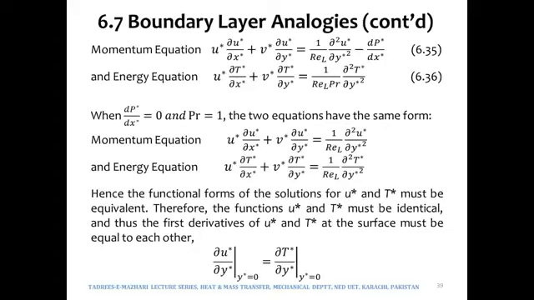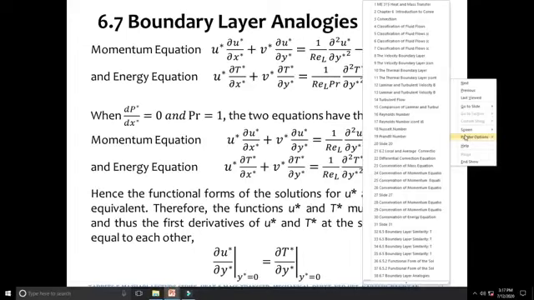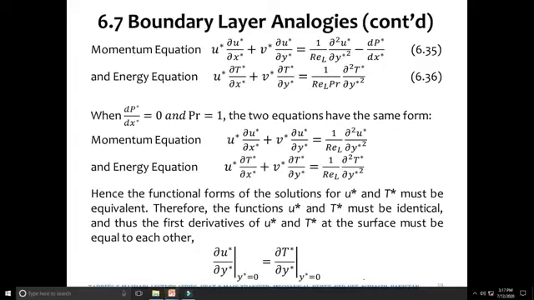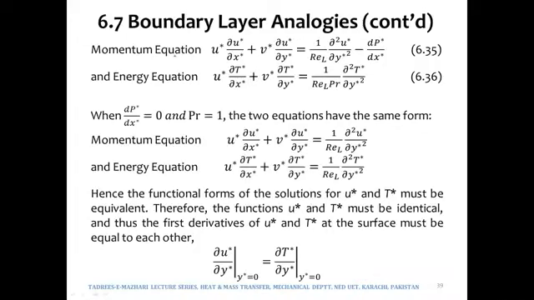Now moving on to the end of the chapter, we are going to discuss boundary layer analogies. We had derived equations 6-35 and 6-36, and we had seen them in that particular table as well. So now if in this momentum and in this energy equation, dp by dx is 0 and Prandtl number is 1, and Prandtl number would be approximately 1 for gases, such as air, to be very exact it is near 0.7.